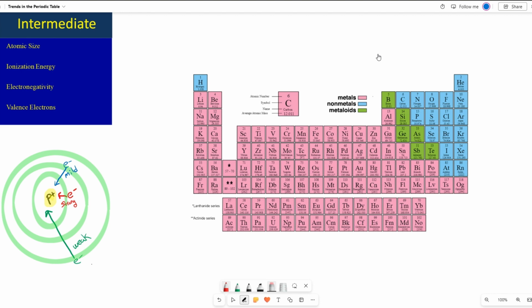So if we start off by looking at atomic size, I'll just circle francium down here and fluorine up here, just kind of as a basis to guide us on. As you go diagonally across and down the periodic table, the size of atoms increases.